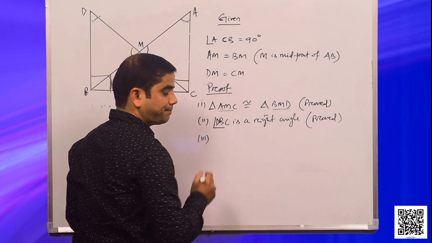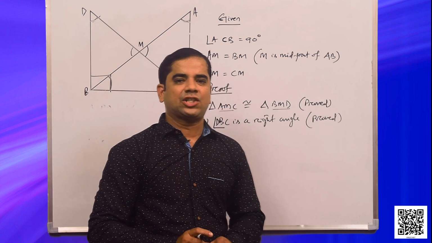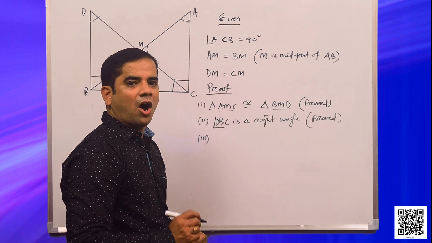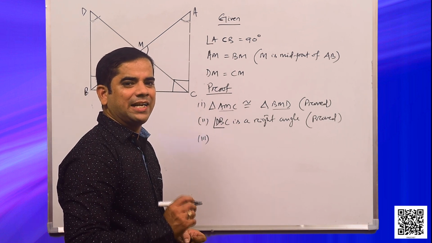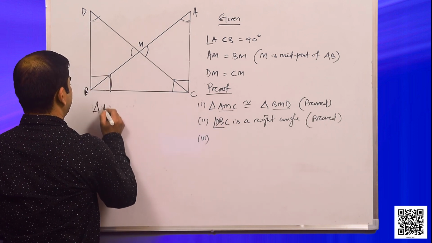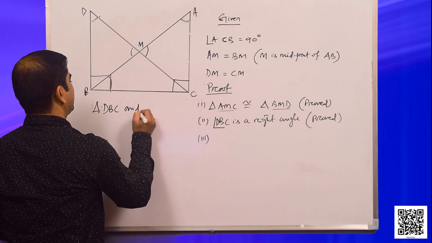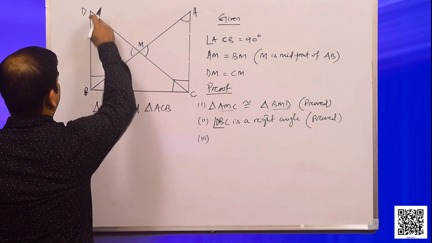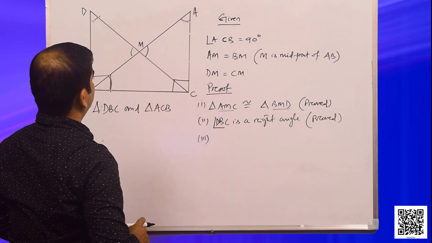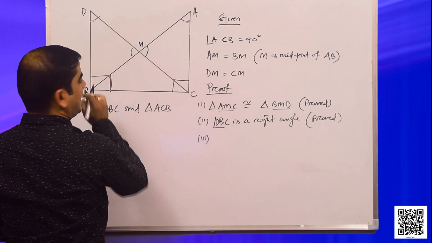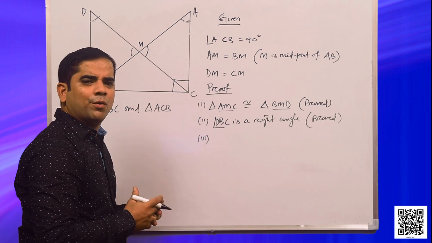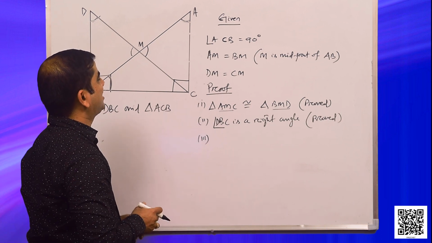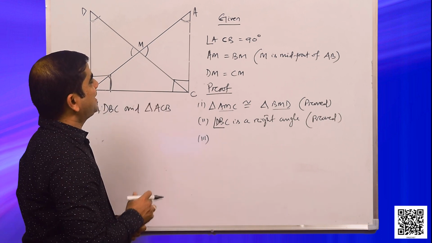We need to concentrate on triangle DBC and triangle ACB, which we have already proved. We have already proved that triangle DBC is congruent to triangle ACB.